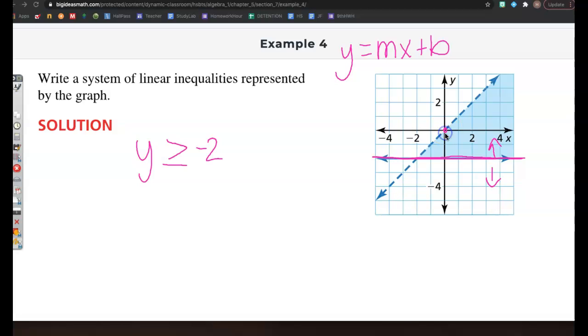The y-intercept is 0, plus, to find my slope, I rise 1, run 1, so 1, which would just be x. So y is less than, because I shaded below. And do I have the equal sign? No, because it's dotted. So those are my answers. Questions? No. Okay.